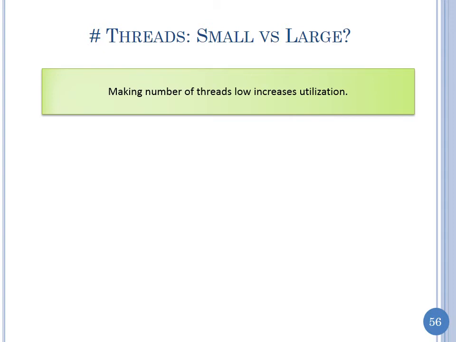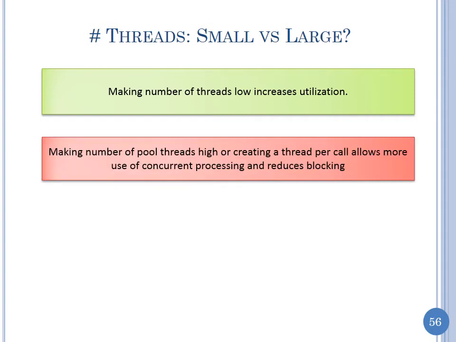So let's discuss that. Making the number of threads low increases utilization. We know there are no wasted threads, and we haven't used any resources. You have mentioned blocking, which I'm very happy about, because blocking is a very big deal here. Making the number of pool threads high, or creating a thread per call, allows more concurrent processing and reduces blocking. So dynamic reduces blocking, as we talked about earlier.